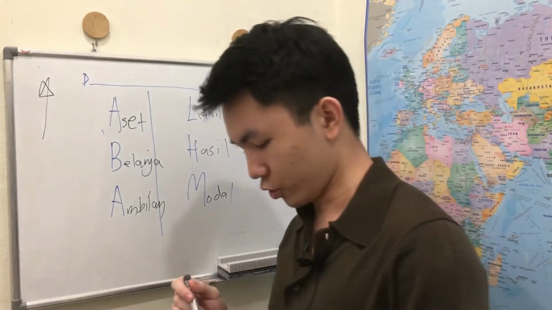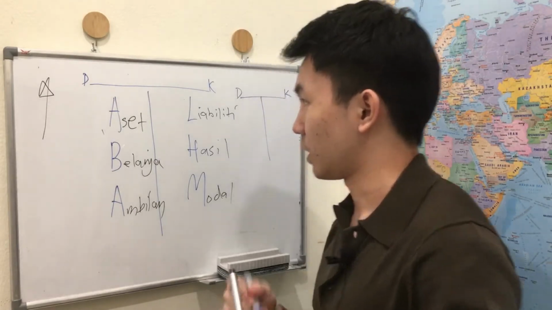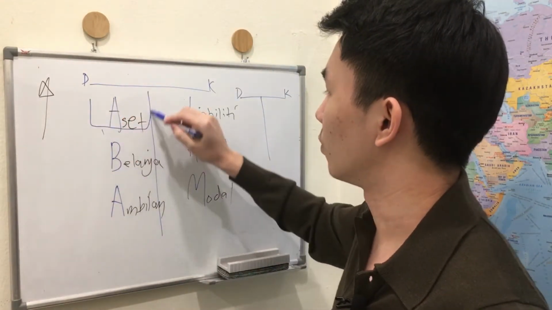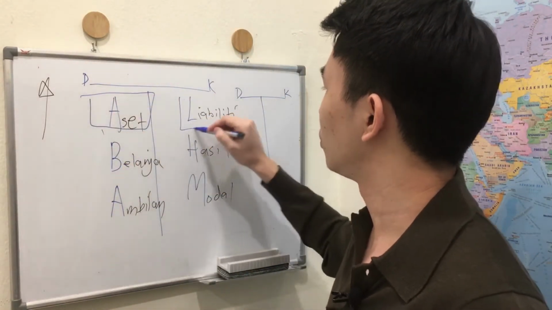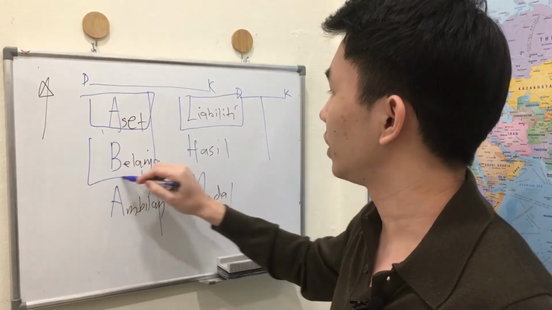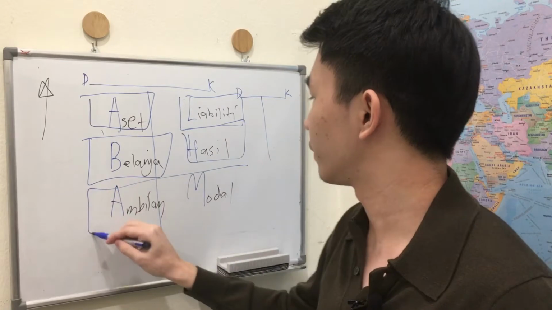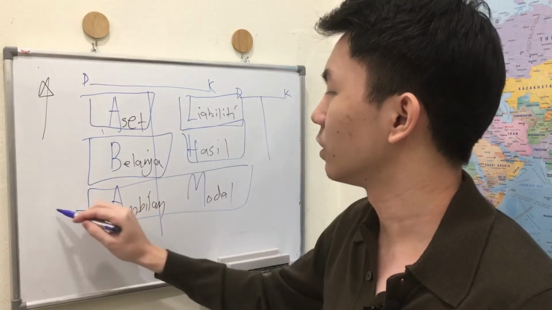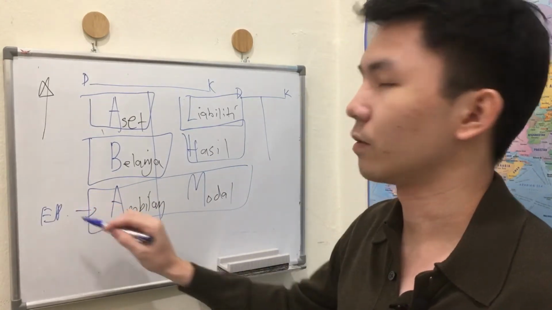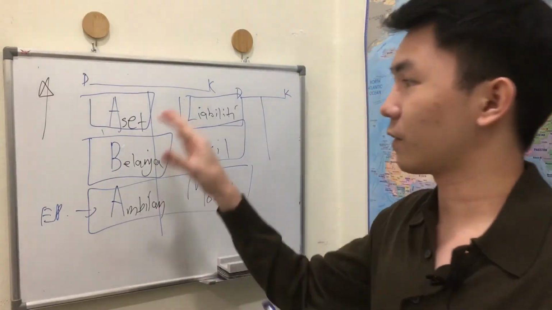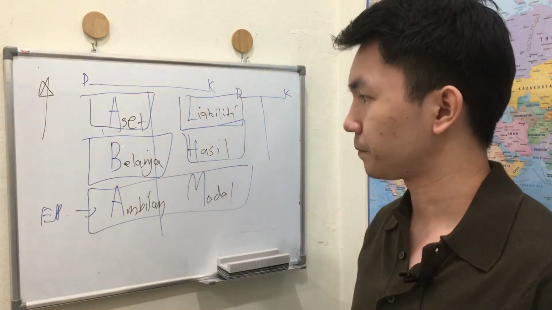Yes. So klasifikasi asset 1, 2, 3, 4, 5. This is under equity pemilik, right? So there are 5 klasifikasi here.